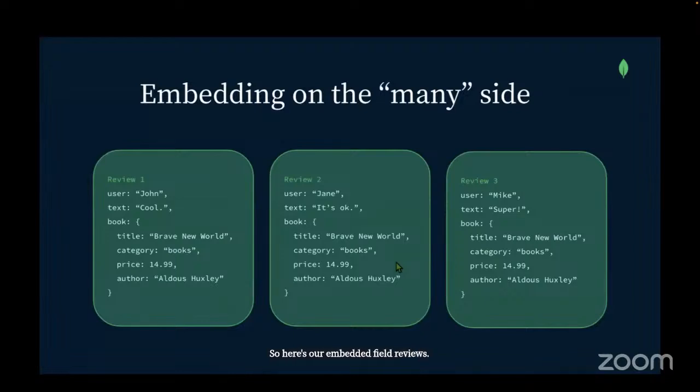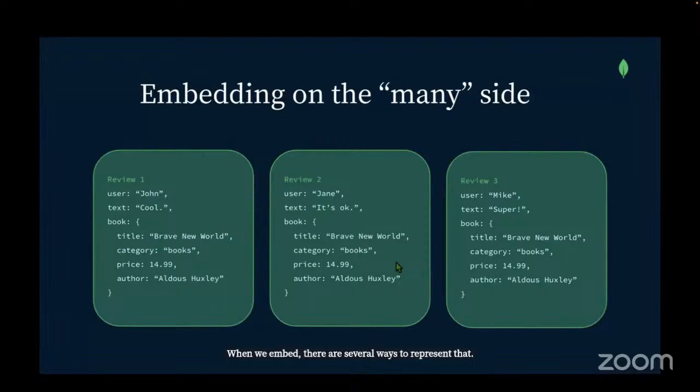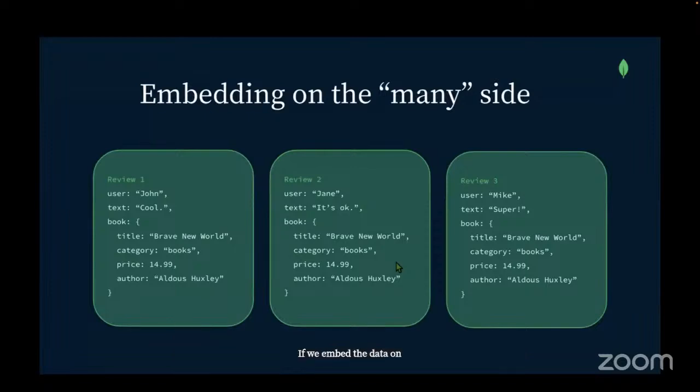So when we look at the one-to-many relationships, when we embed, there are several ways to represent that. We can embed on the one side or on the many side. If we embed the data on the many side, then we are going to create a separate entity for reviews.